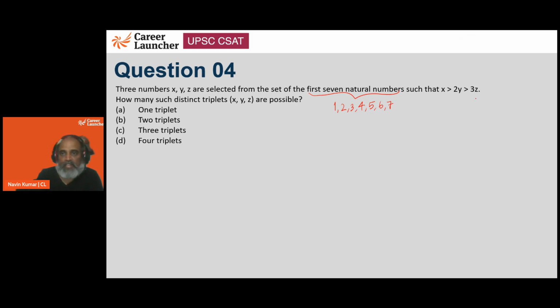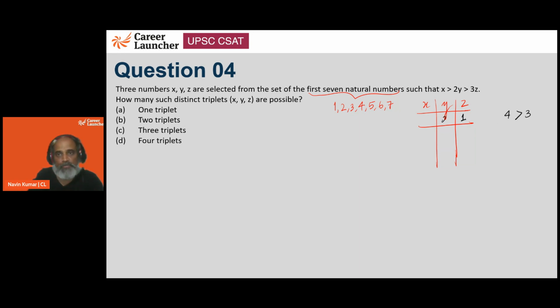Okay. Now, if we take z as 1, let's put the values one by one. Worst case, if I look at the options, I will have 4 scenarios. So let's start. If z is going to be 1, we are dealing with 3 is less than, we need a 4.